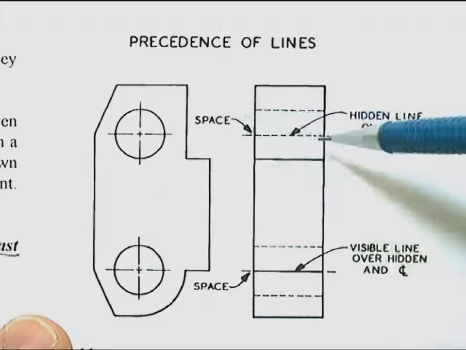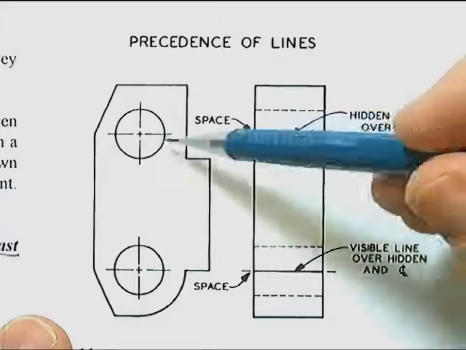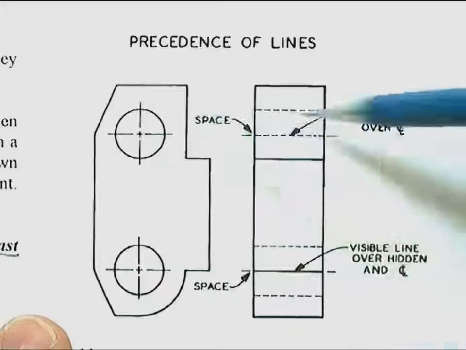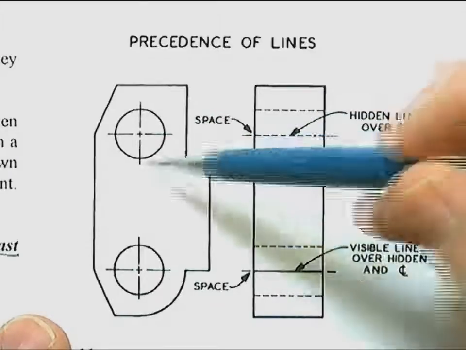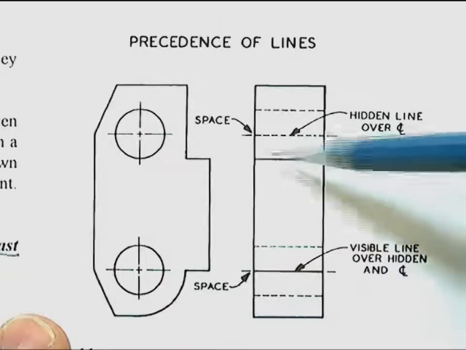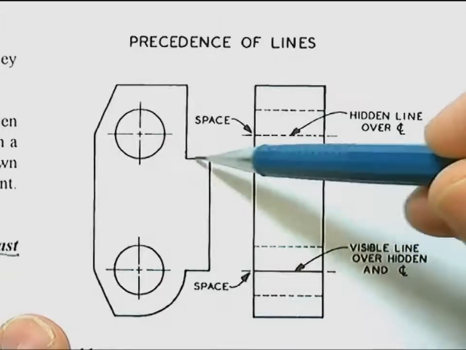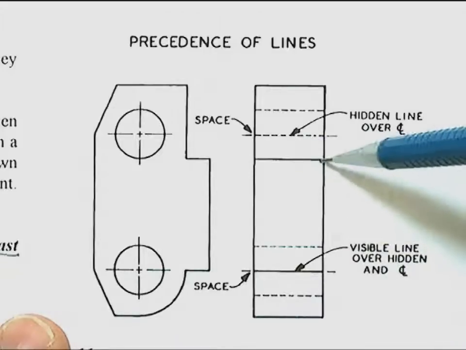So therefore, if a hidden line matches up with a center line, as you see here, we have a hole in a part. In the right side view, we're showing that hole as a hidden edge here, but the hidden edge of the hole lines up with this visible edge of this step. Well, the visible line takes precedence over the hidden.